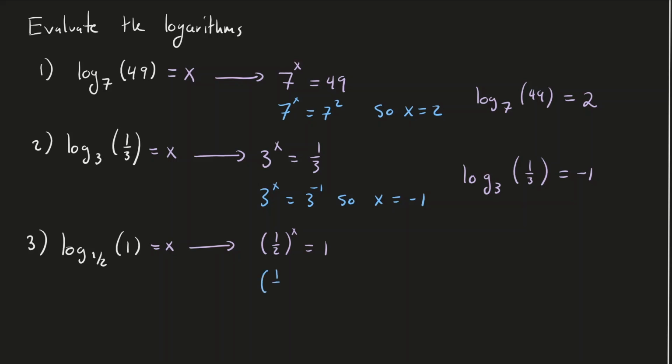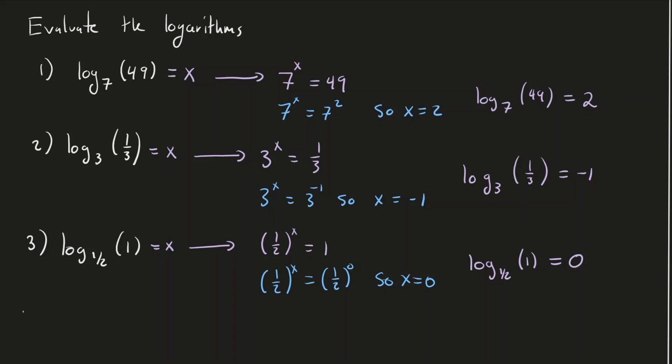So in this case here, it's 1/2 to the x, which is 1/2 to the 0 power. So x is equal to 0. The only exponent for anything that gives us 1 is 0. So in this case here, log base 1/2 of 1 is equal to 0. And that pattern will hold.